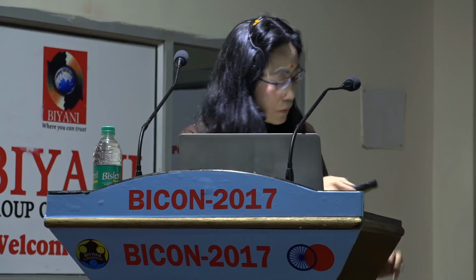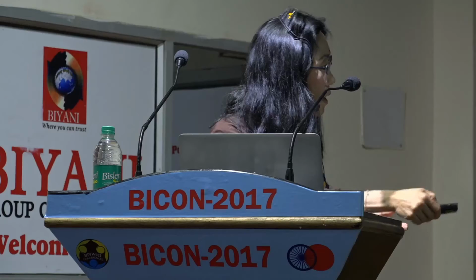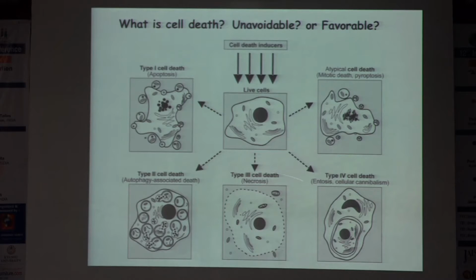Here are the well-known five cell death types. Necrosis is distinctive because of its cause of death: murder. The other one is a kind of suicide.